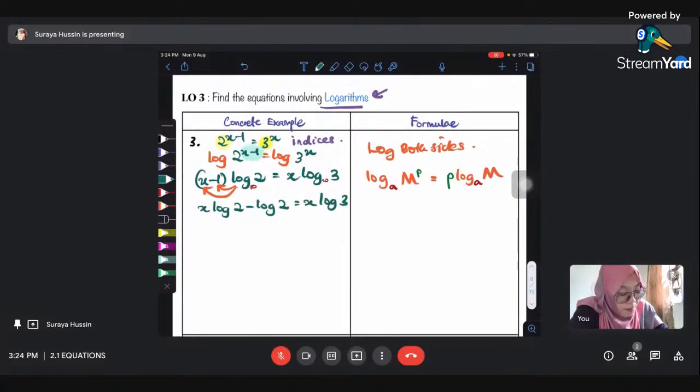And then combine together. Combine the thingy here. Combinekan x dengan x. Bukanlah combine apa. Macam make it together. So x log 2 minus x log 3 equal to positive log 2.